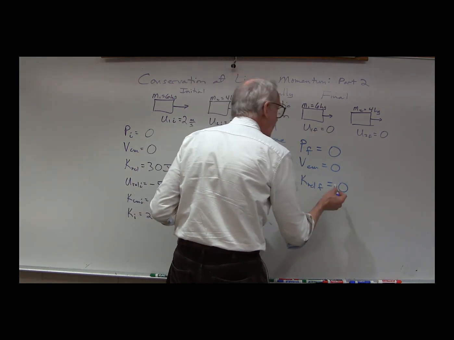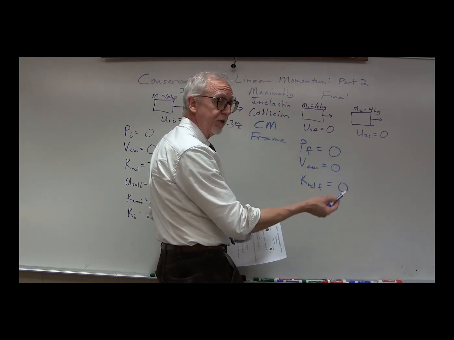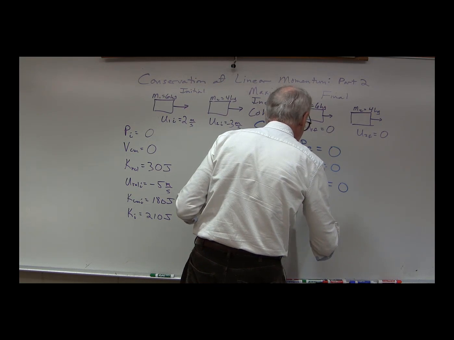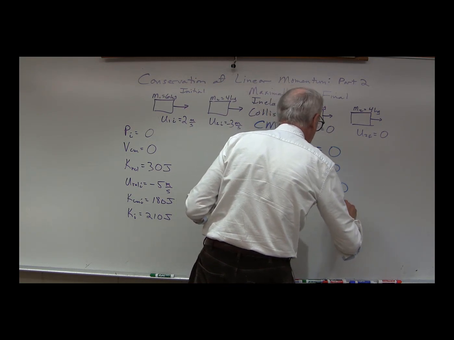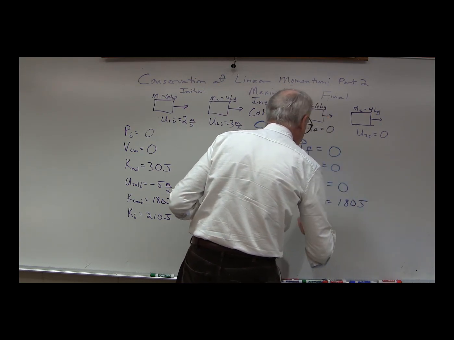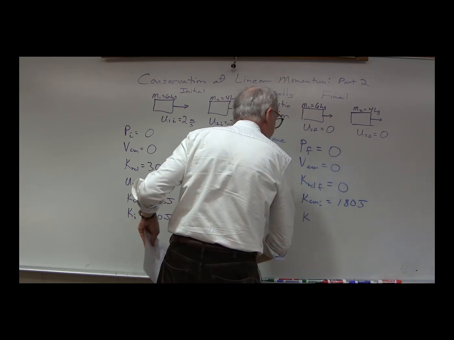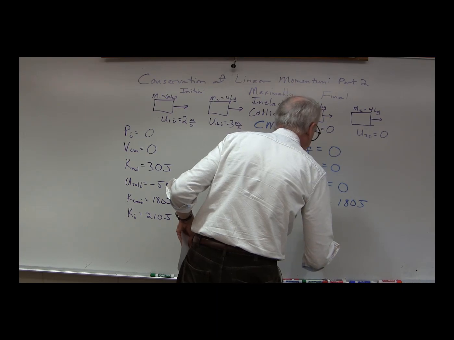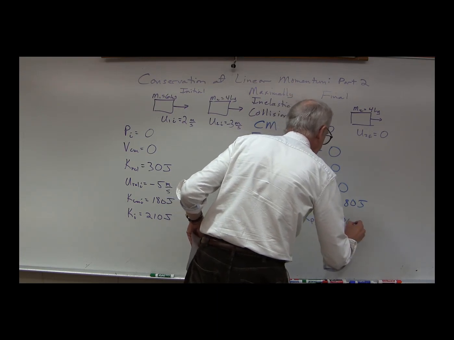Now, remember that from the first frame, not the center of mass frame, we found that KCM initial was 180 joules. And the total, that's final, KCM final, and the total final kinetic energy was 180 joules.